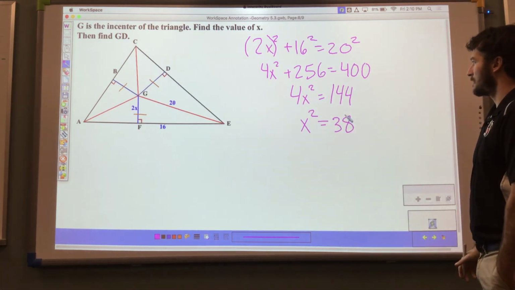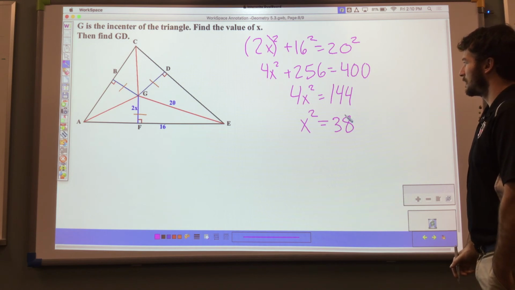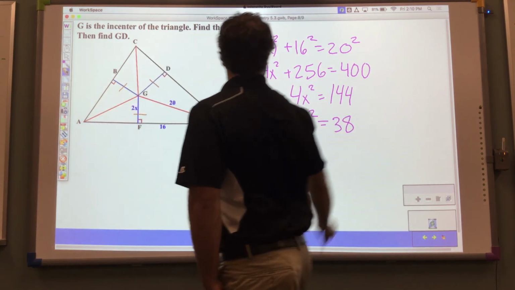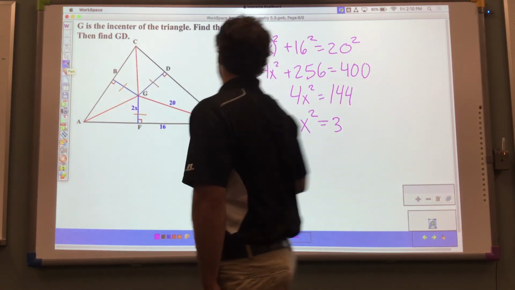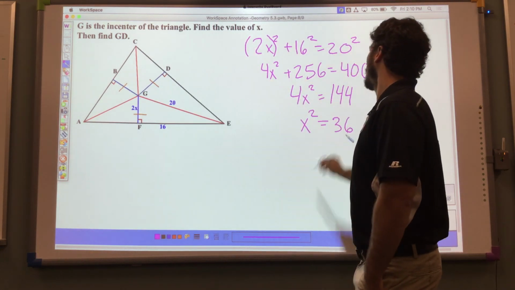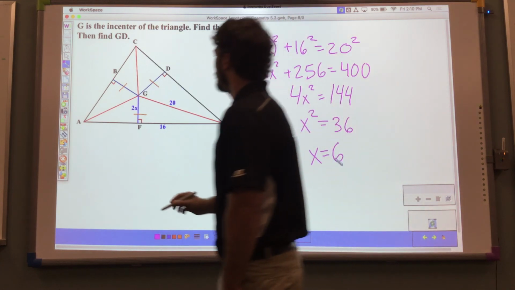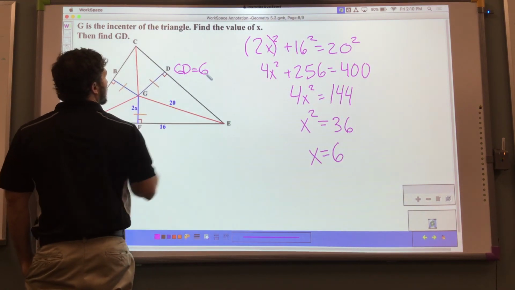Actually, that seems wrong too. 36, that's what it is. And then you square root, and x would be 6, which also means GD itself, right here, is also 6.